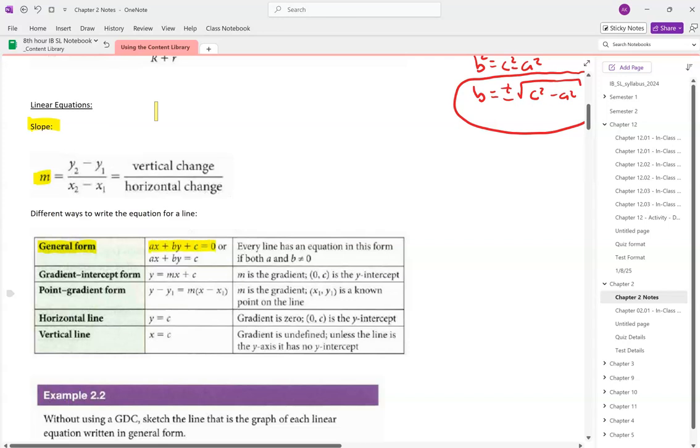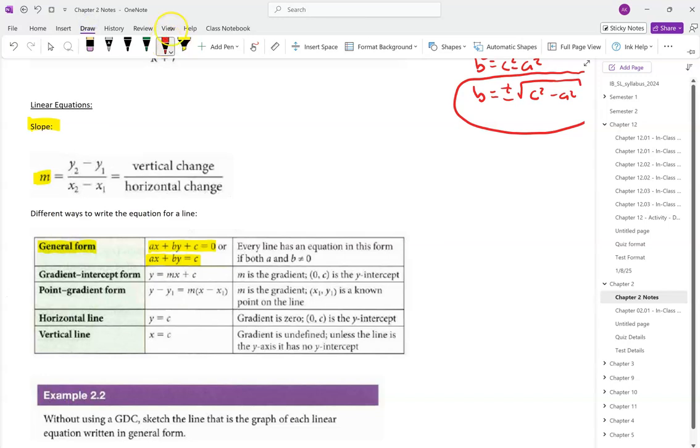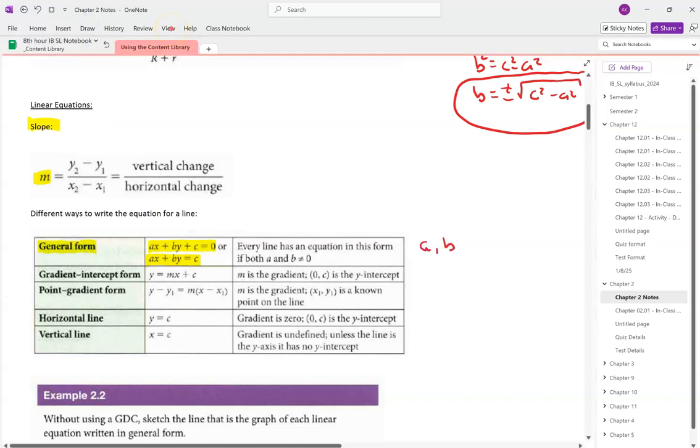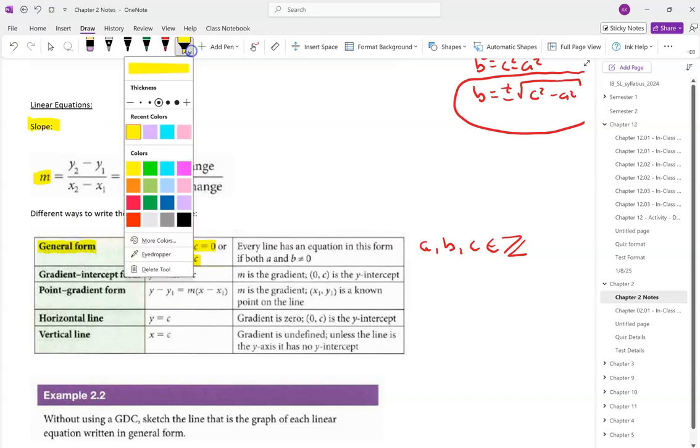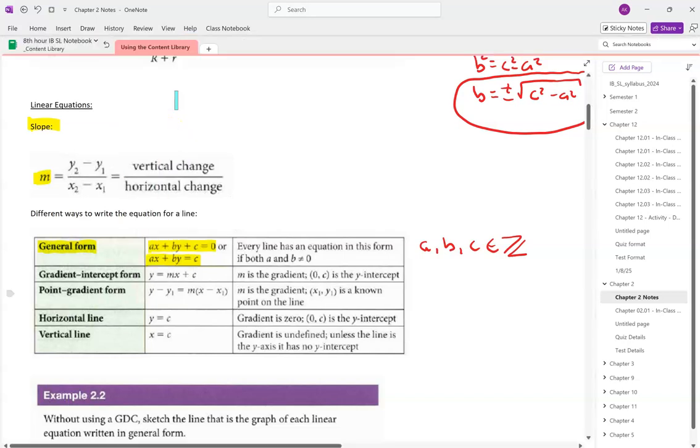So it'd be like ax plus by equals c, but the catch here is that almost always they're going to say that those a, b, and c have to be integers. This is usually the hardest one to write because you end up having to clear a fraction at the end, and almost always you forget to do that.